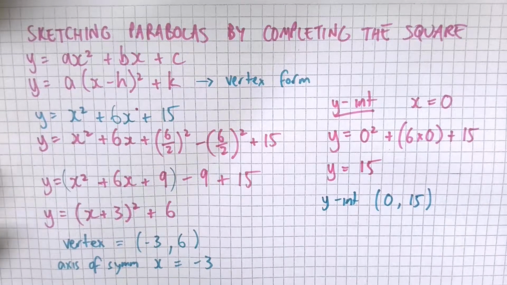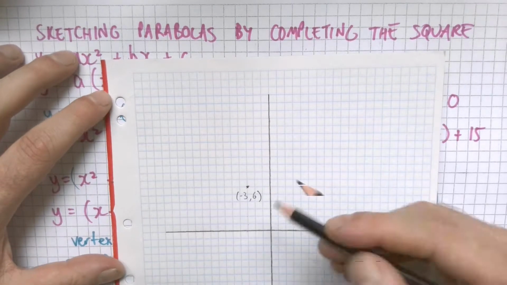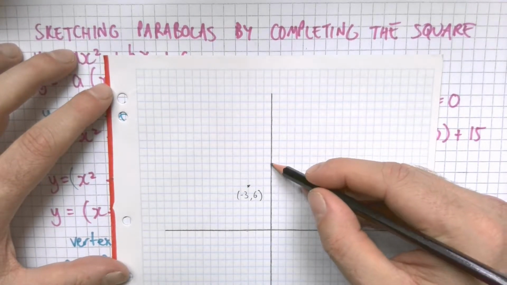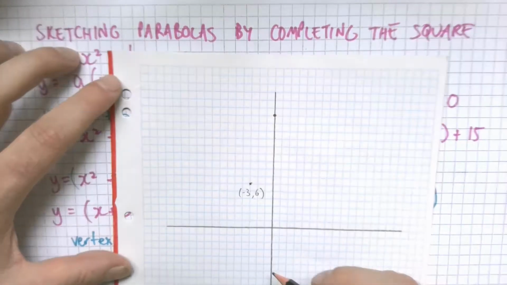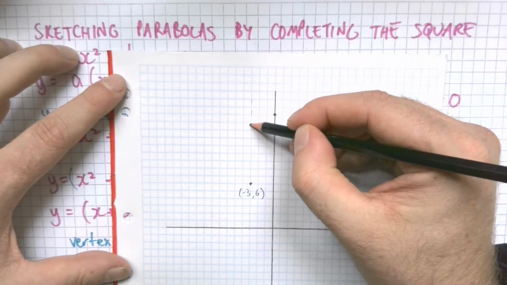If we're going to plot that, positive 15: 6, 7, 8, 9, 10, 11, 12, 13, 14, and somewhere there. I know this is my axis of symmetry.